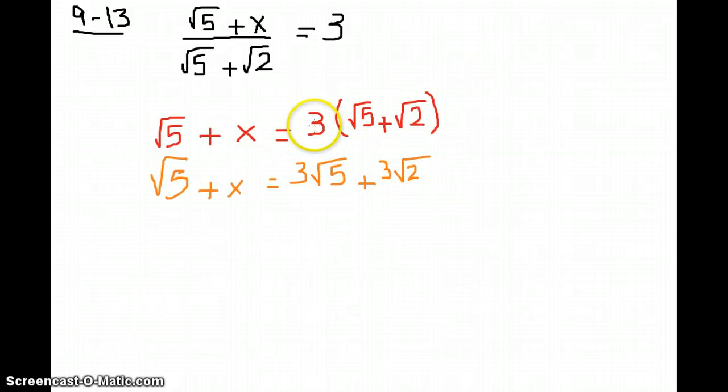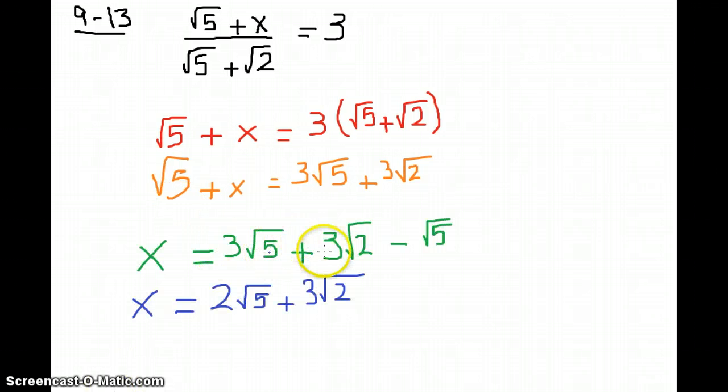Make sure that you don't multiply the number with the number inside the root. They're not the same. One of them has a root and one doesn't. Then subtract the root 5, and you get 3 root 5 plus 3 root 2 minus root 5, and since that 3 root 5 and that 1 root 5 are like terms, you can combine them. So 3 minus 1 is 2 root 5 plus 3 root 2.